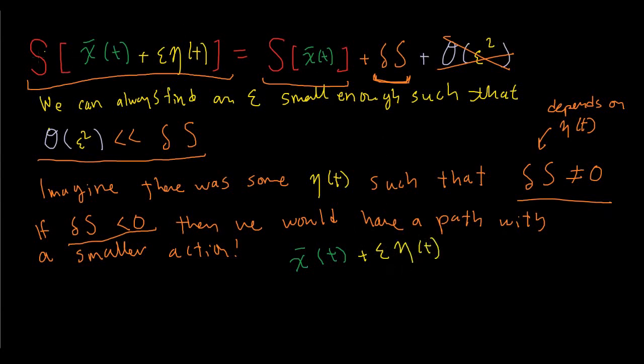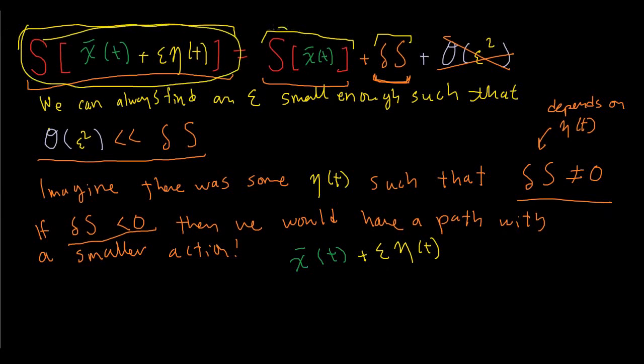Because this number would be this number plus a negative number. So this would be smaller than this. So we have a path with a smaller action.